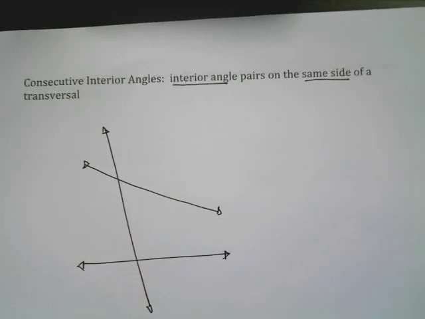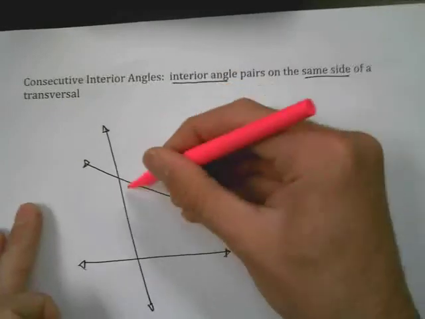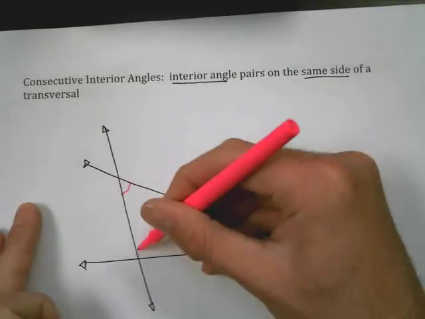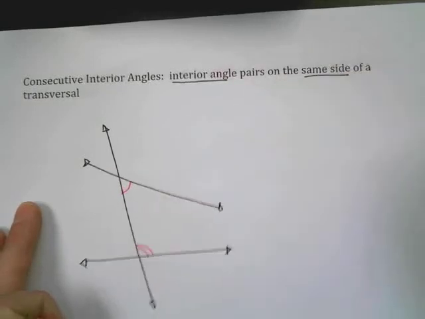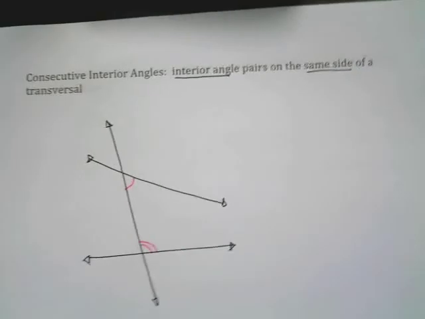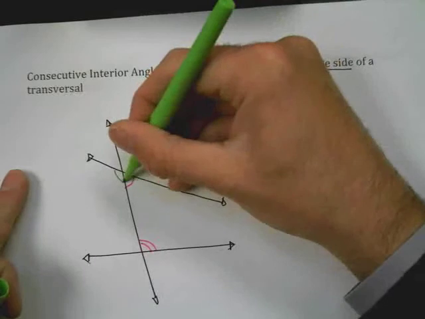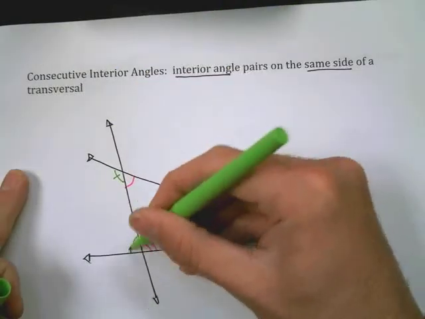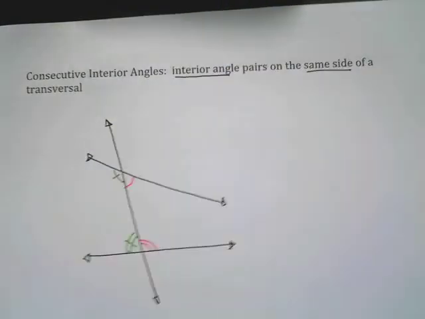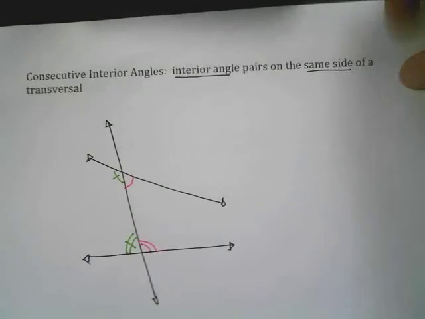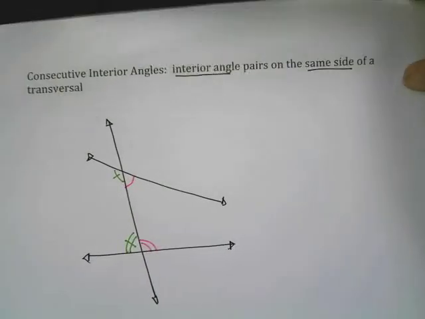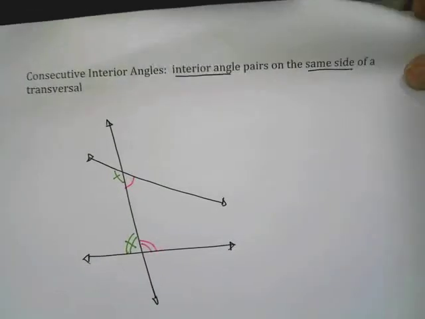So there is a pair of consecutive interiors right here. There's also another pair right here, this one and this one. So they are both inside on the same side of the transversal. Consecutive gives you a connection to that.